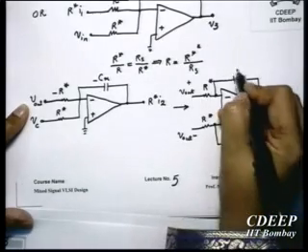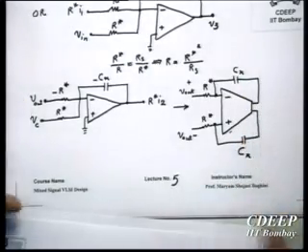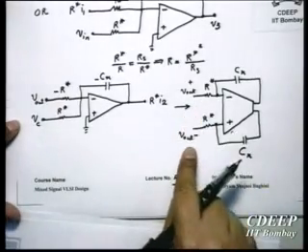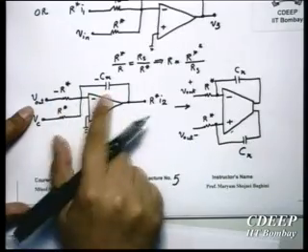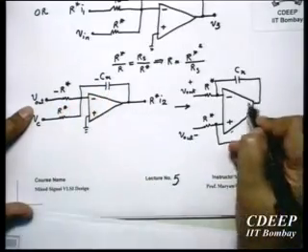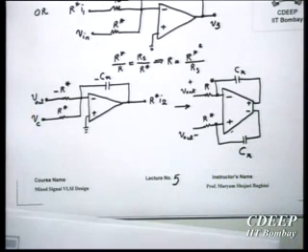And now all values are positive. Now what I should do? If this is V out plus and this is V out minus, because the overall sign is negative, therefore here it's enough if I put it like this. So for V out it will be automatically negative.